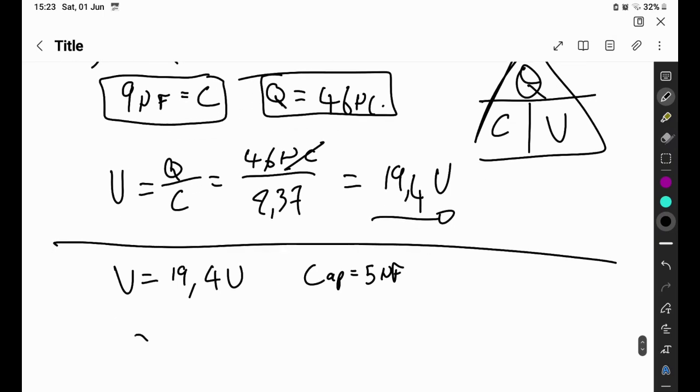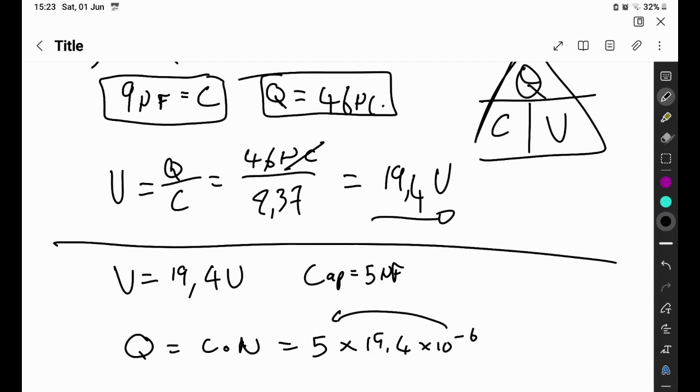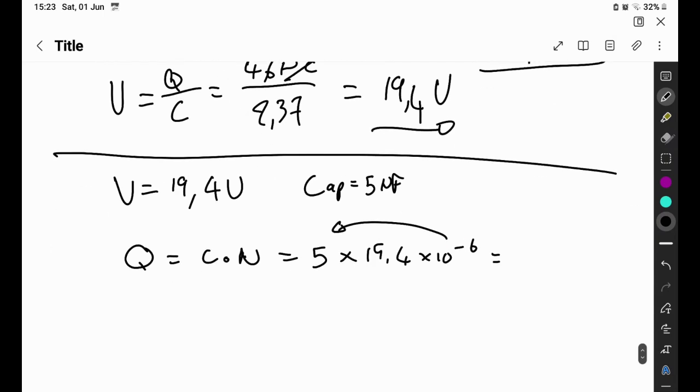So our charge is going to be capacitance times the voltage, which is equal to 5 times 19.4 times 10 to the minus 6 for micro, so we have 97 microcoulombs.